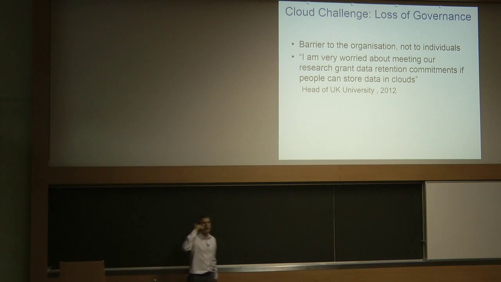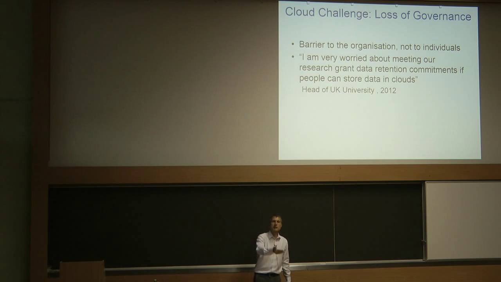And so it's the head of the university who was very worried about people in the university just going out and using a cloud. At the end of the project, forgetting to keep the data, just stop paying their cloud bills, and the data goes, and the vice-chancellor is fined or sent to jail or whatever. Vice-chancellors worry about things like that.